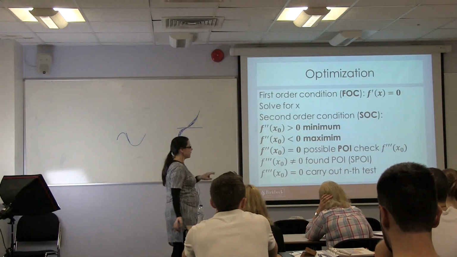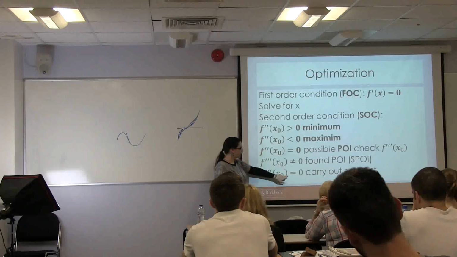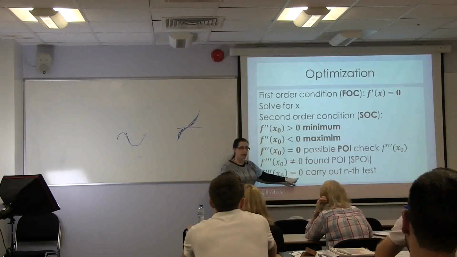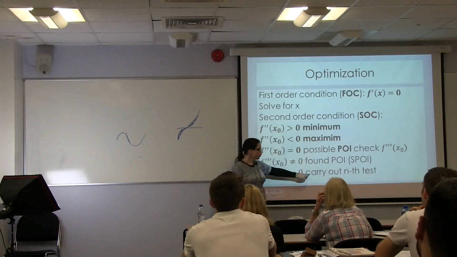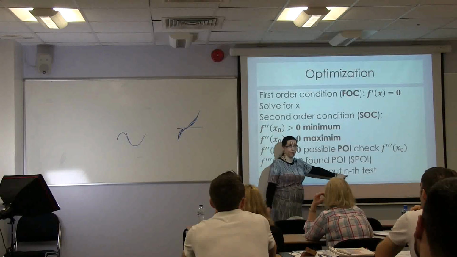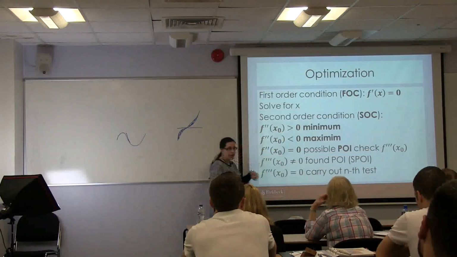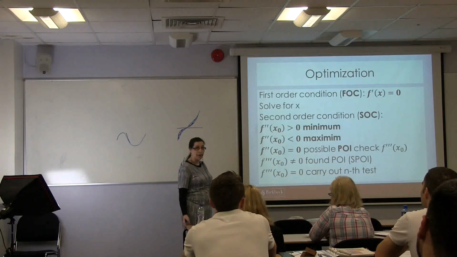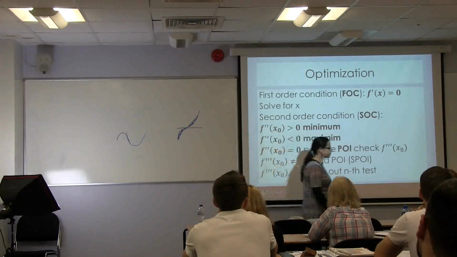Now what happens if the third order derivative is still 0 at this specific point? I need to go for the so-called higher order test, because the function is being difficult, not really giving up its secrets, so I need to test it a bit more.